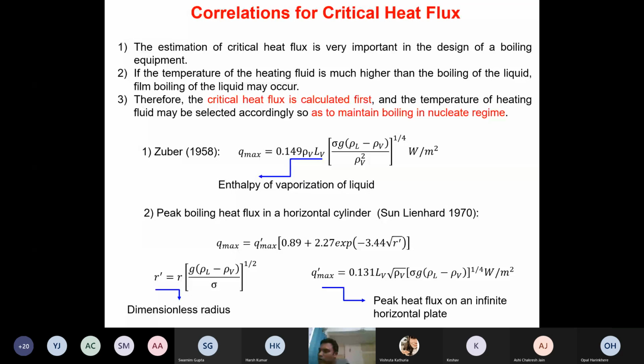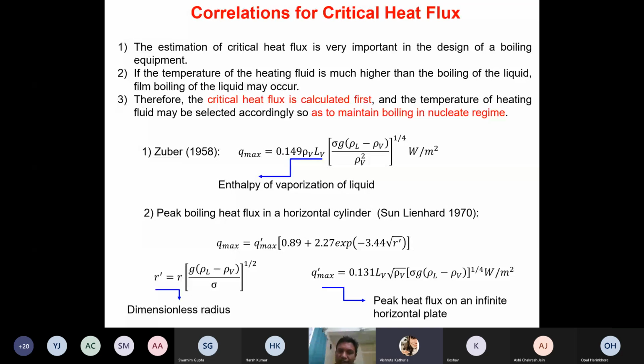Okay, no, nothing is specifically mentioned. This is only for the critical heat flux when the boiling is taking place. Is it clear?